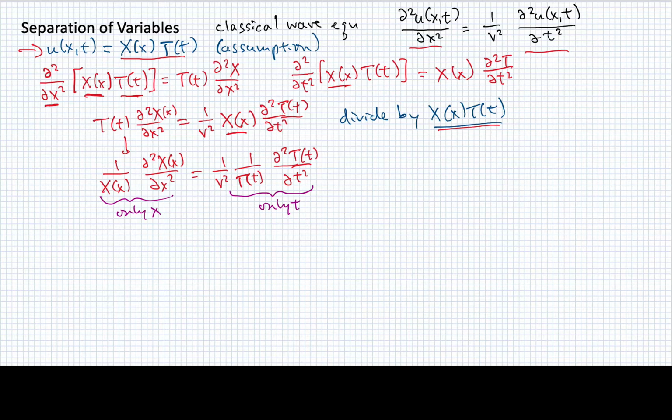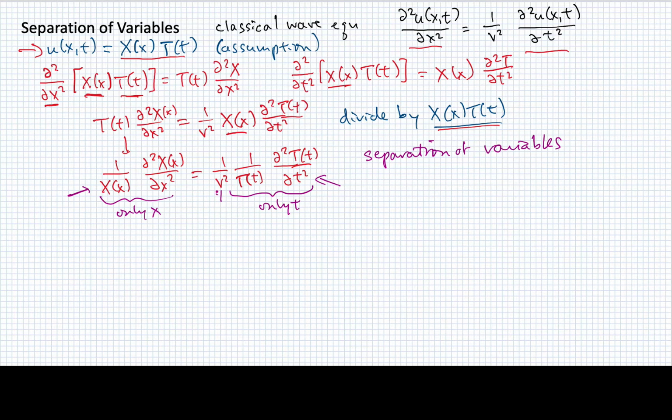So this method is called the separation of variables method, because by writing the solutions as a product of one variable functions, I'm actually able to create a new equation where I've got only functions of one variable on one side and only functions of the other variable on the other side. All right, so this is actually a pretty clever way to go about it.